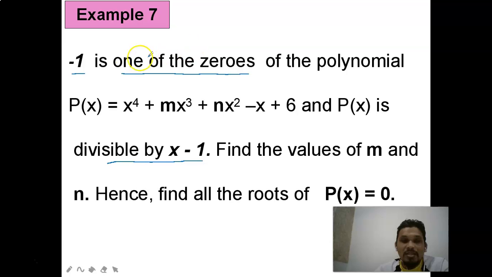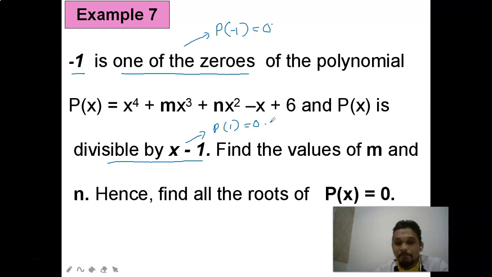To define this, negative 1 being one of the zeros means that P(negative 1) equals 0, and P(x) being divisible by x minus 1 actually means that P(1) equals 0. Looks like the same, right? Okay, find the values of m and n and find all the roots of P(x).